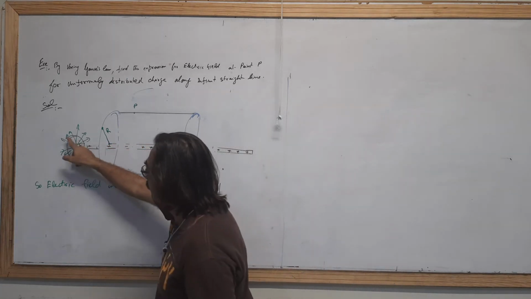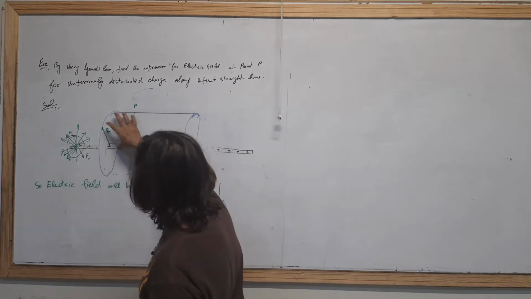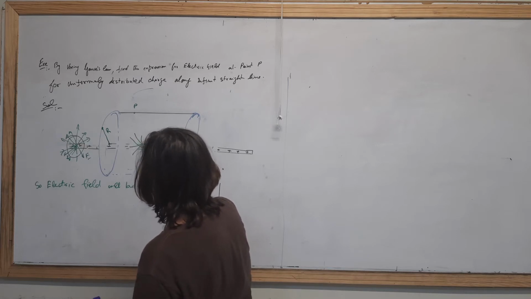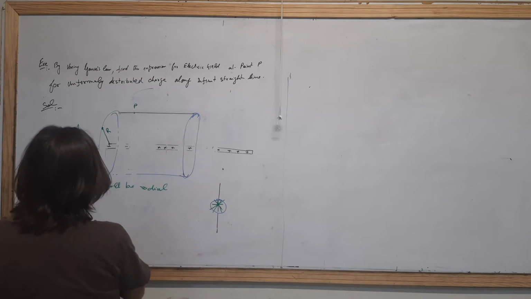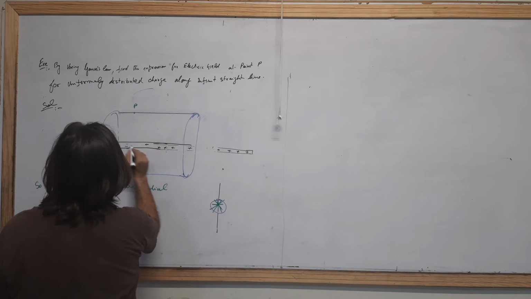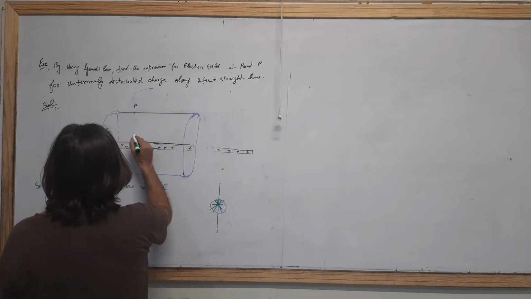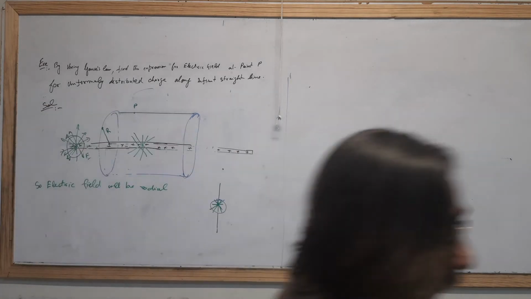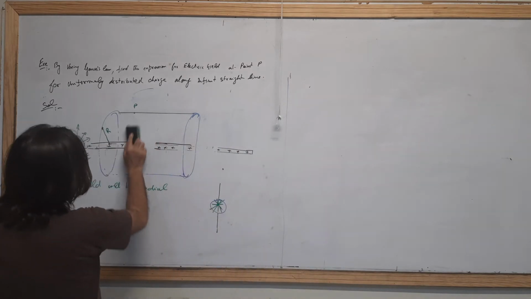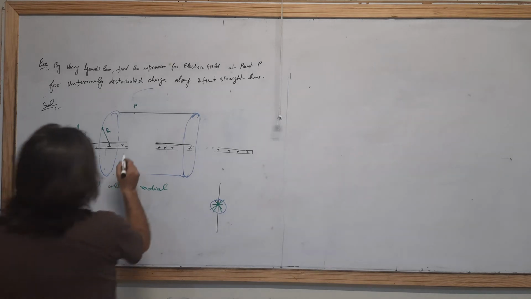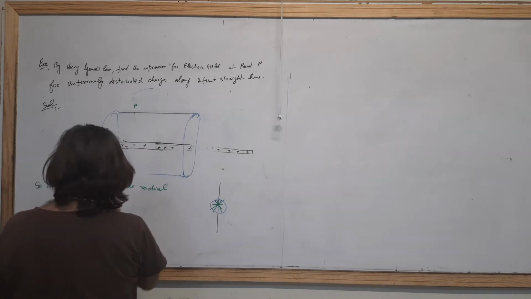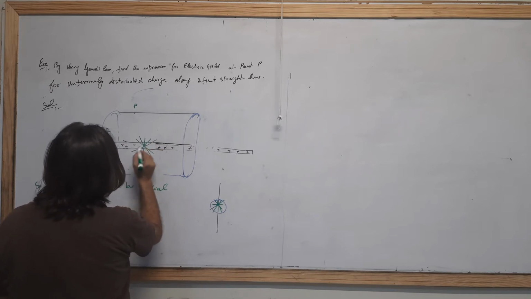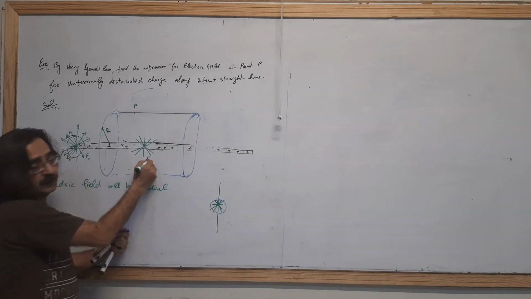That is not the previous axis, but it is along the electric field everywhere. The drawing is not coming out well. So the electric field will be E radial, so that will be the radius.